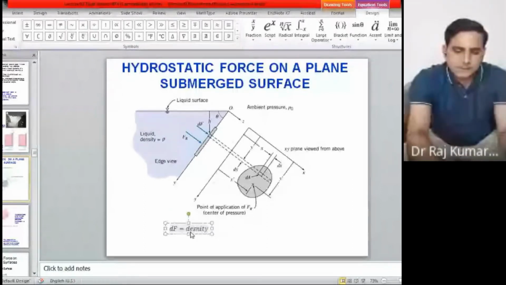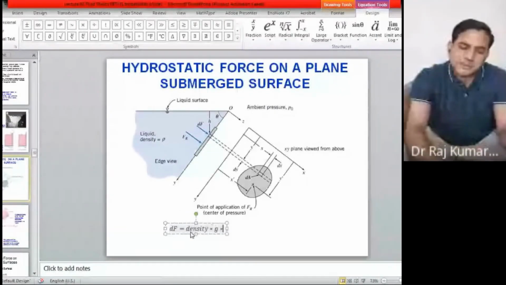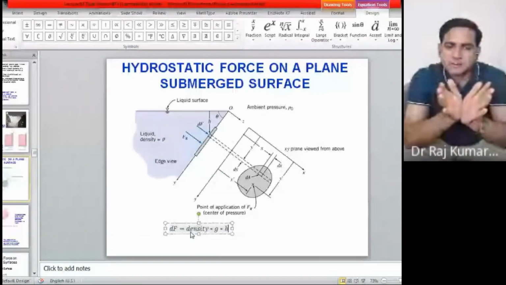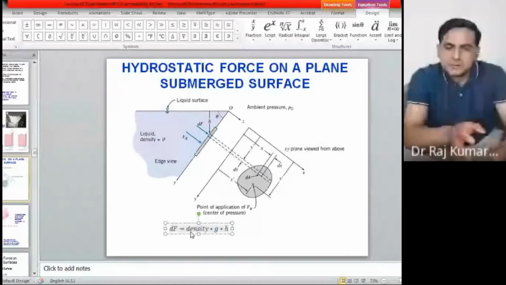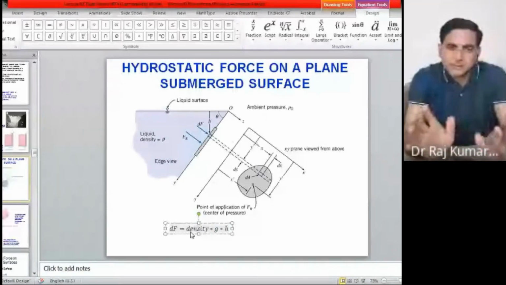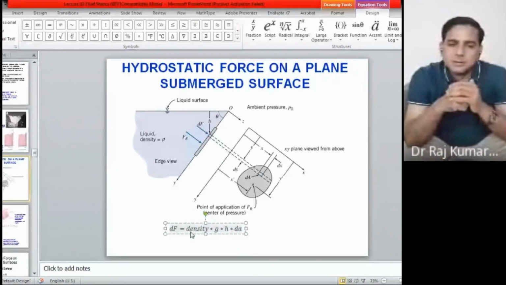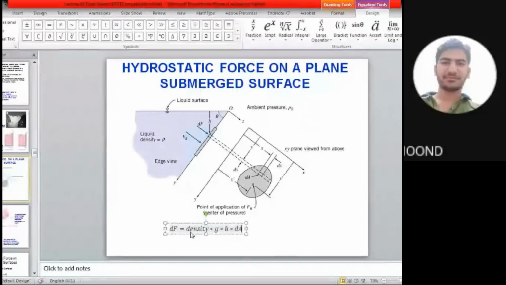Density multiplied by g multiplied by h. This is the pressure. Just see it on this PowerPoint also. This is pressure. You are multiplying by area. Area is just dA. Right? Is that fine?